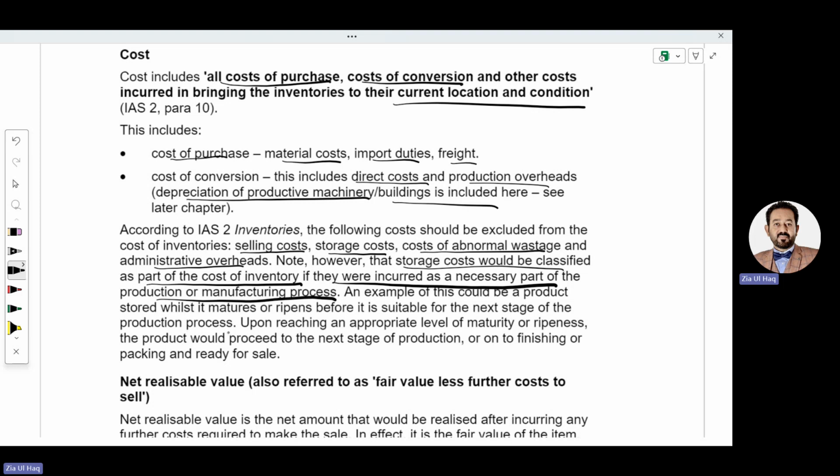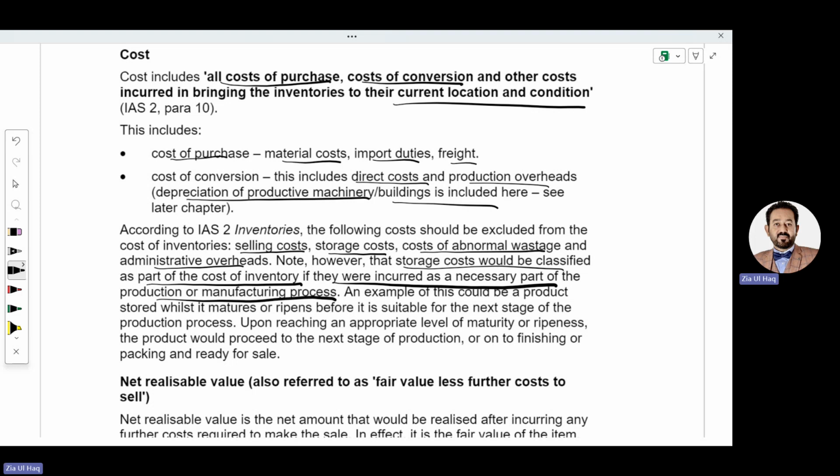Like sometimes after producing half part of the inventory, you have to keep it for some days, like to maintain their shape, and then you will start the next process. So that storage will be called stock of production.